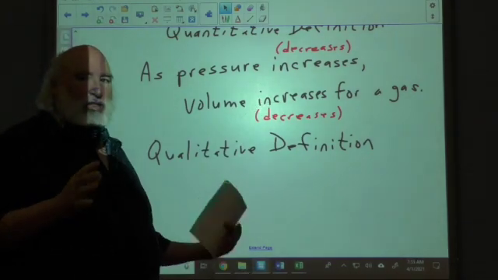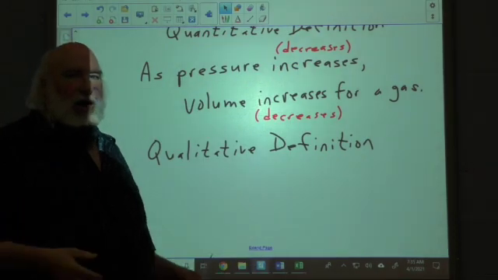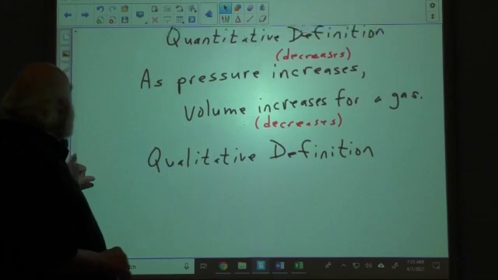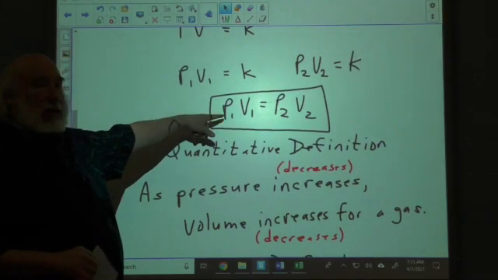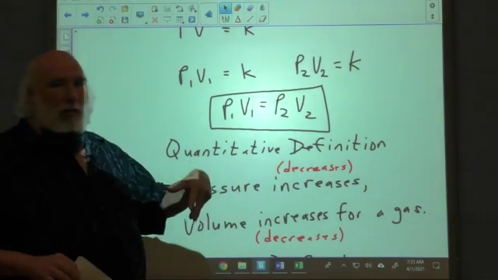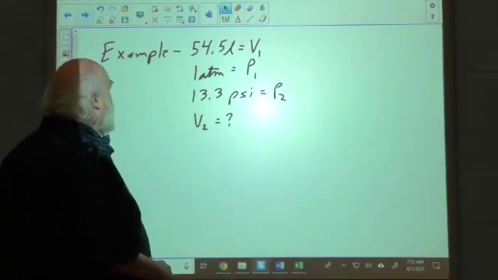So, gas laws are simply descriptions of behaviors when certain conditions change, and how we can formulate a mathematical formula like P1V1 equals P2V2. So let's take a look at the two examples I provided for you in this discussion.